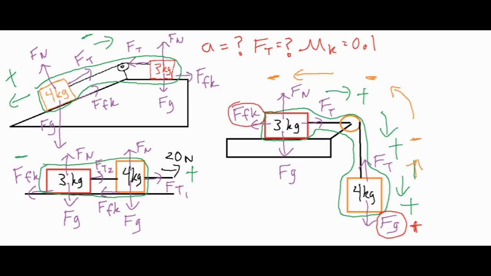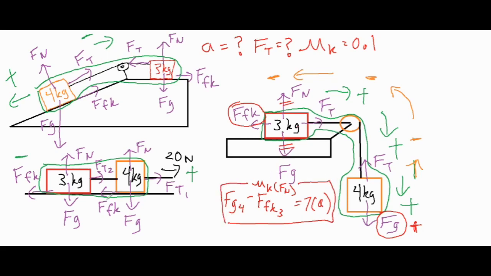So basically what you're going to do is you would take the force of gravity, which is just mg of the 4 kilogram mass, subtract the force of friction from the 3 kilogram mass, which would be mu k times the normal force, and the normal force and the Fg would actually be the same number, and then that would equal 7 times a. So one of the other keys is to combine your masses and call it one big 7 kilogram chunk. And then that's how you would solve for the acceleration for this particular setup.